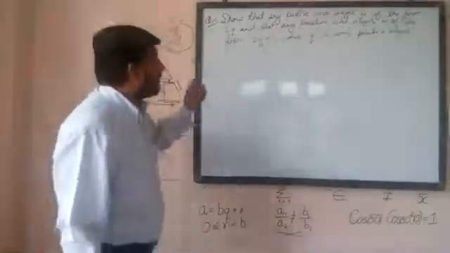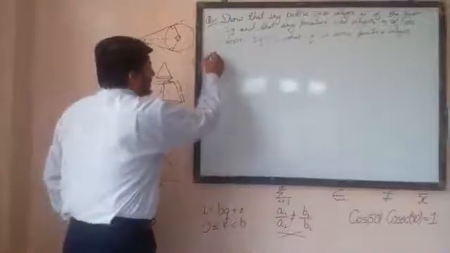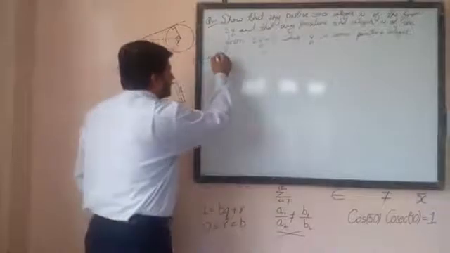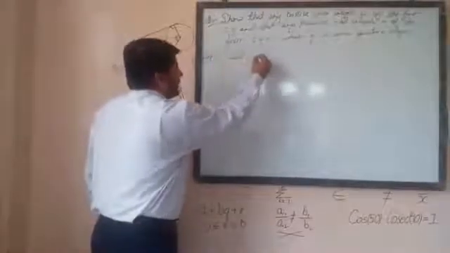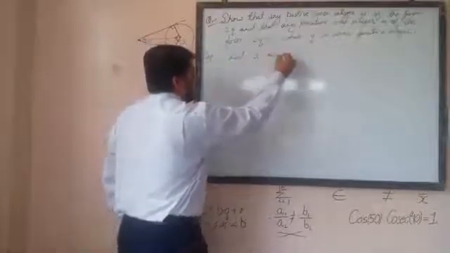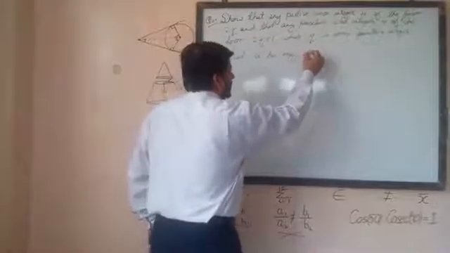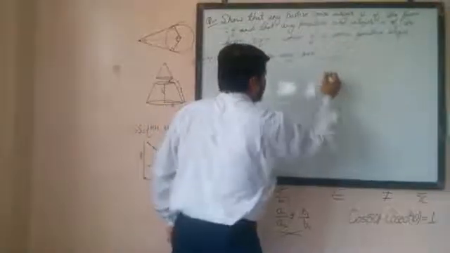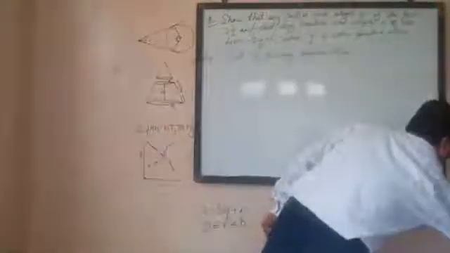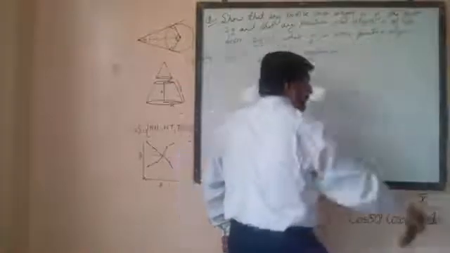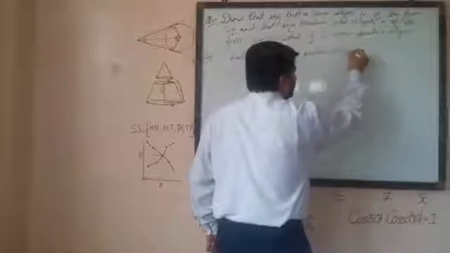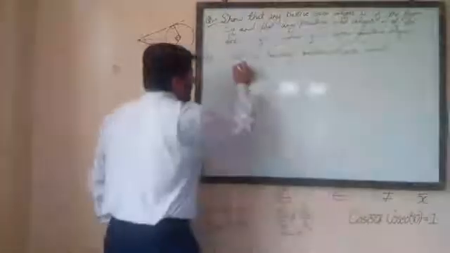So using Euclid's division lemma, we will solve it. How to write the answer to this question, which will fetch you full marks in board exams, is: let A be any positive integer and B equals 2.